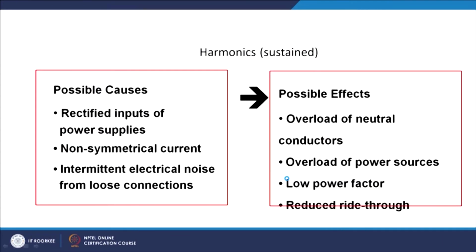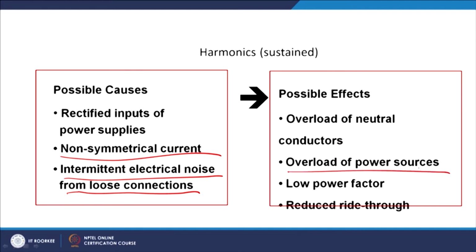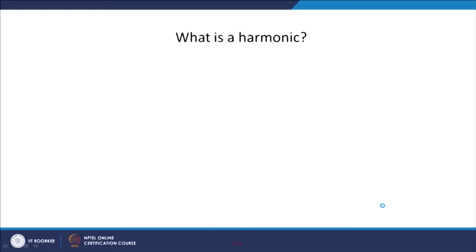Possible causes are rectified input power supplies, non-symmetrical current, and intermittent electrical noise from loose connections. Thus it overloads the neutral conductor and it may burn, overload the power sources, cause low power factor, and reduce ride-through capability.